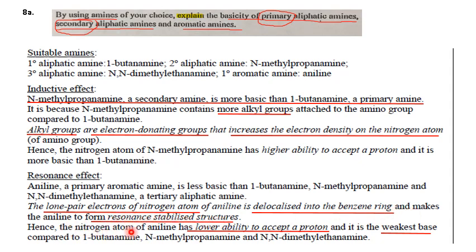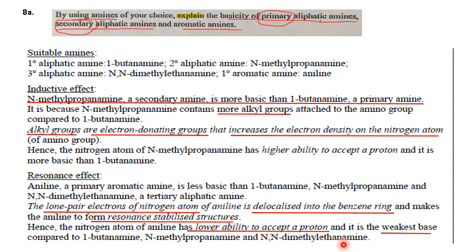This makes the nitrogen atom of aniline have a lower ability to accept a proton, meaning it cannot release hydroxide. So it is the weakest base compared to 1-butanamine, N-methylpropanamine, and N,N-dimethylethanamine.